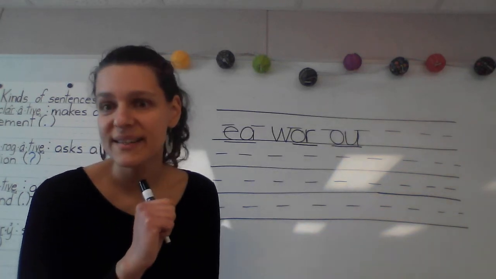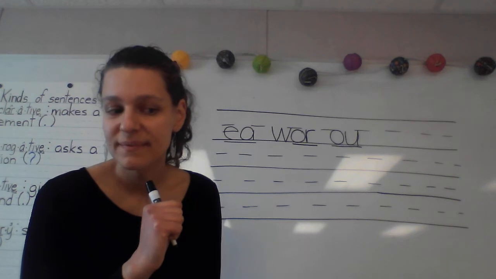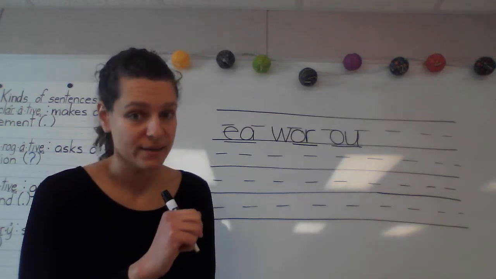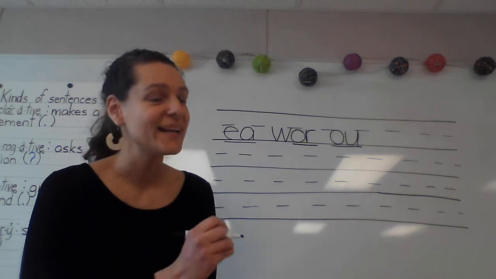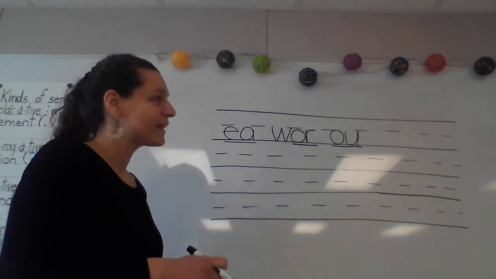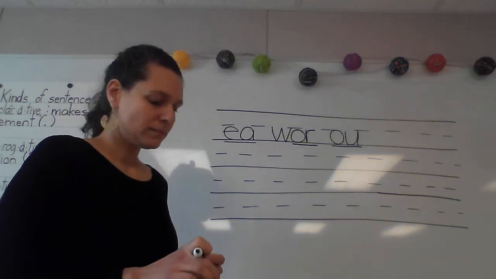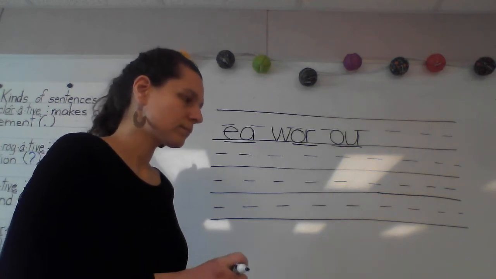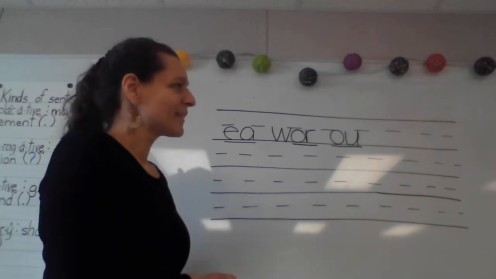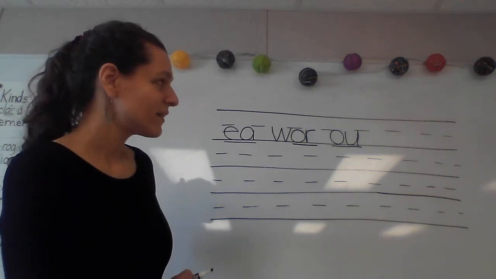Class, what are you going to write? Good. N, two-letter n, used only at the beginning of a base word. Say it while you write it. All right, class, put your finger under that phonogram.